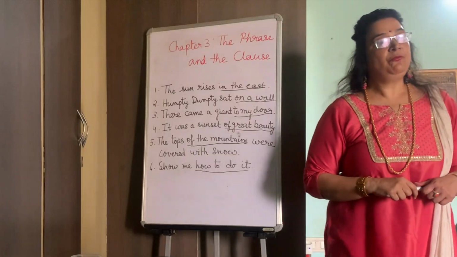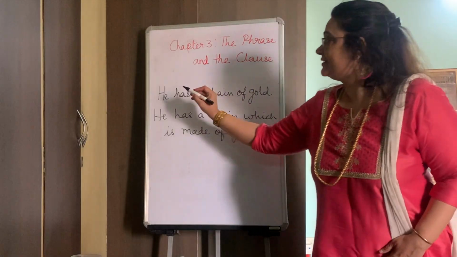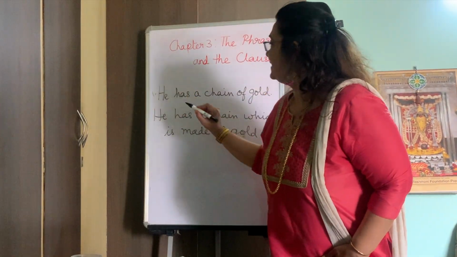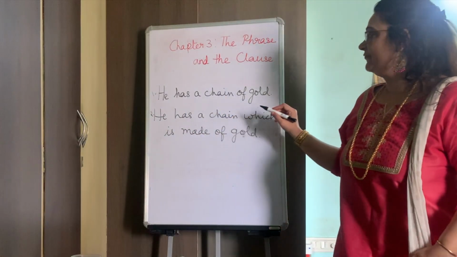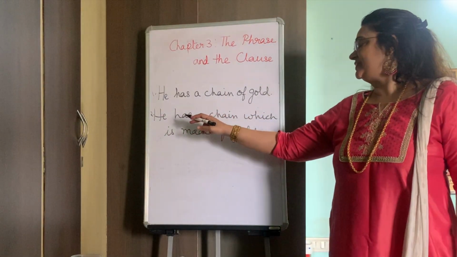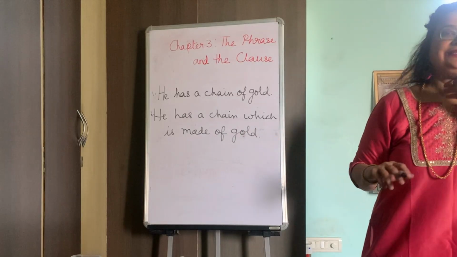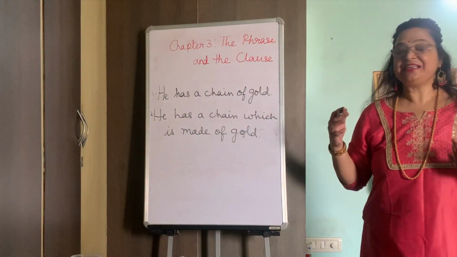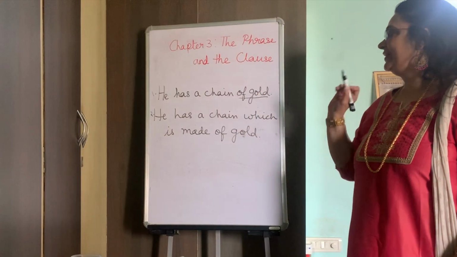We will see what is a clause. Here are two sentences. In the first sentence, it is written, he has a chain of gold. In the second sentence, it is written, he has a chain which is made of gold. What is the difference between the two sentences? The first one, he has a chain of gold. Of gold is a phrase.